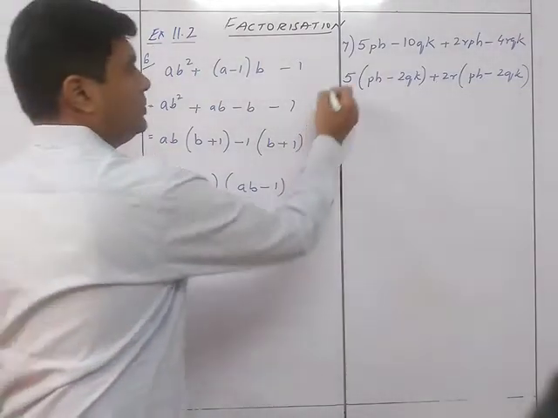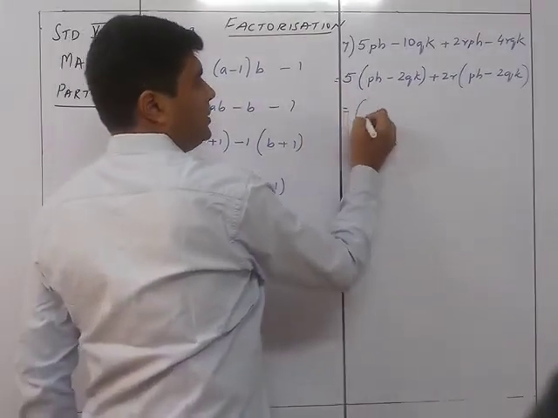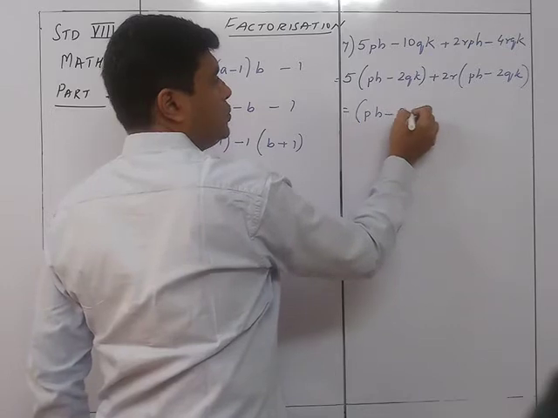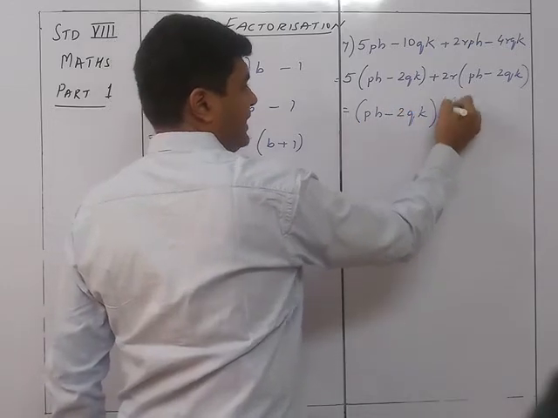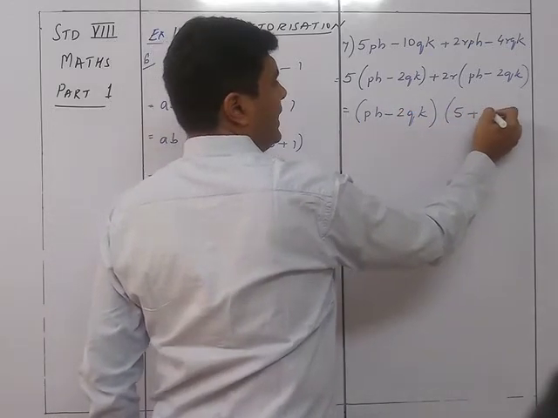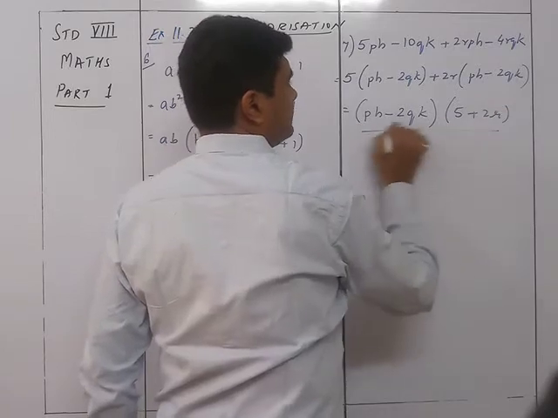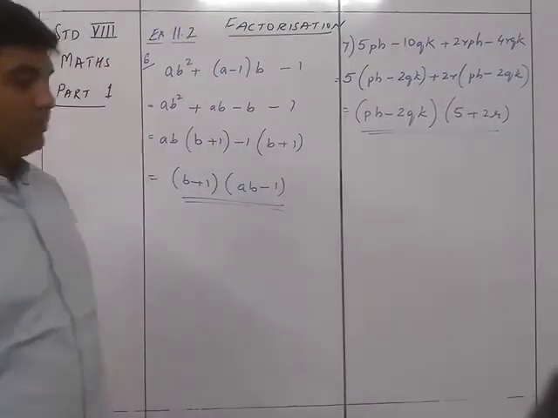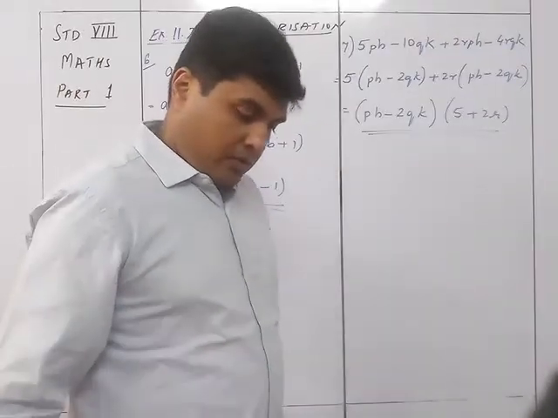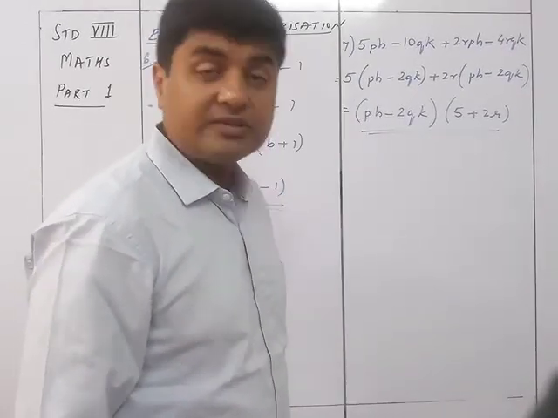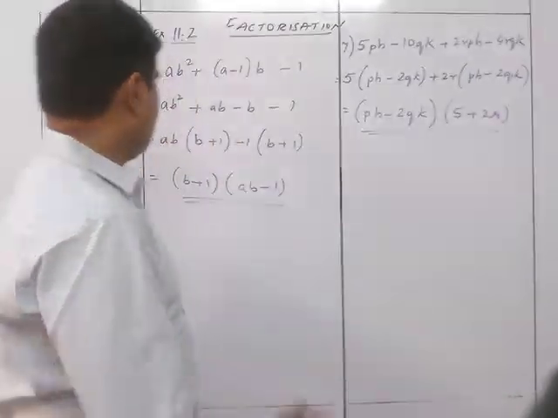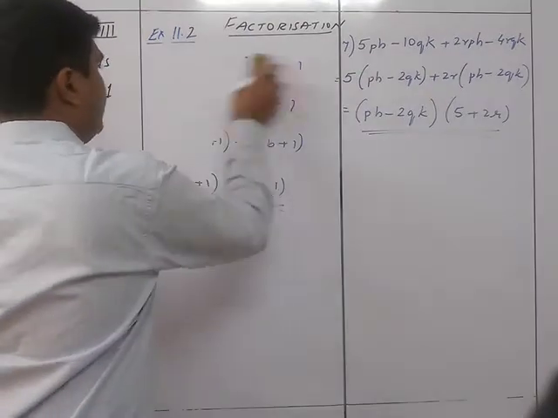Simple. So this becomes pH minus 2QK in one bracket and 5 plus 2R in the other bracket. Okay, that was sum number 7. We now move on to sum number 8.